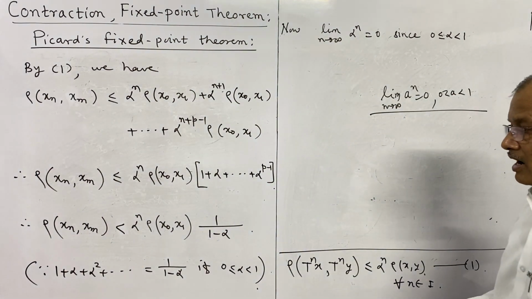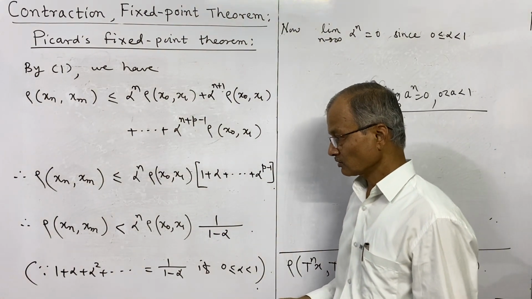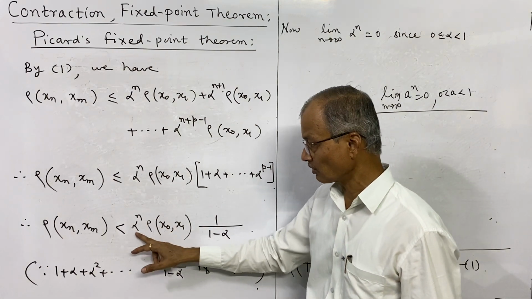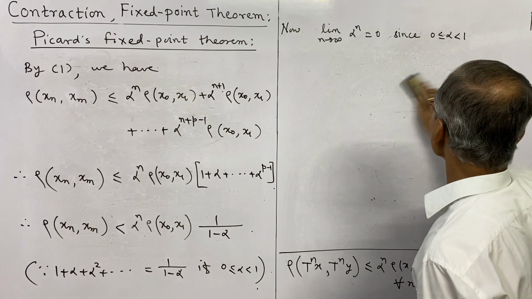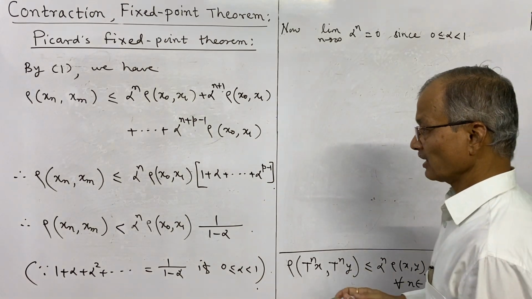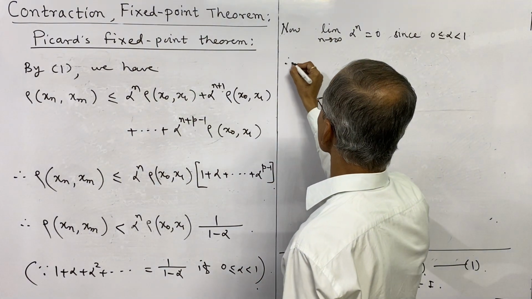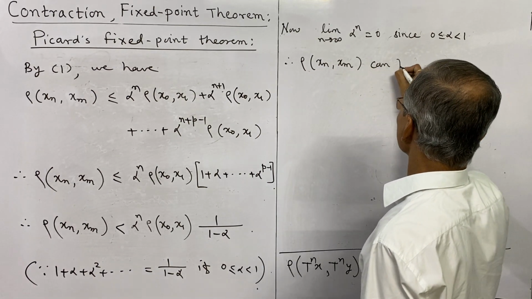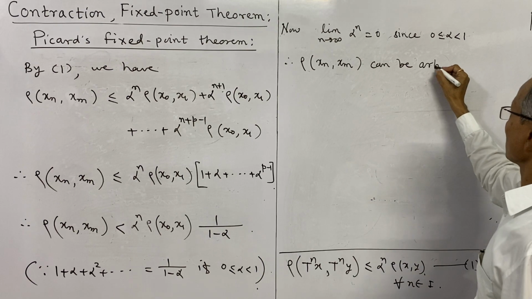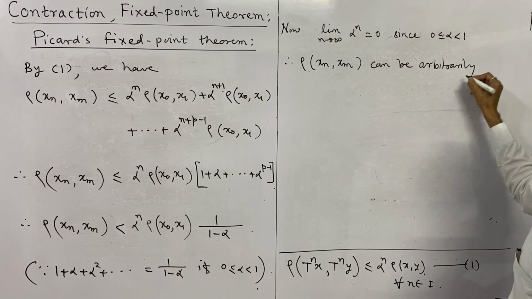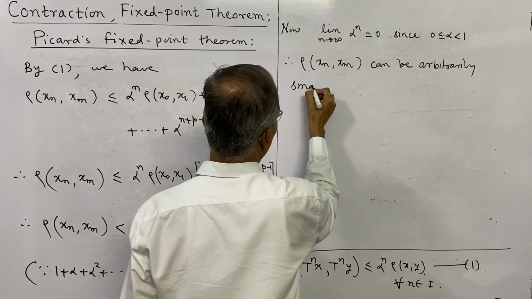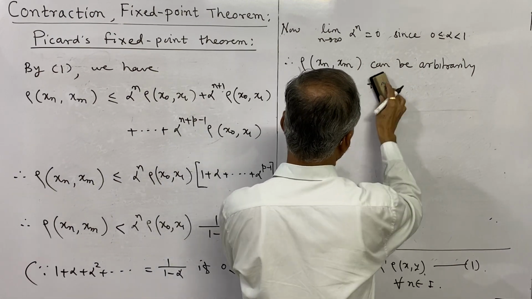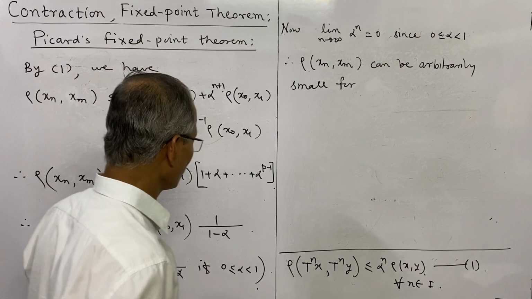And that means if you increase n and m, this right side becomes smaller and smaller, because it is tending towards 0. So therefore rho of xn and xm can be made arbitrarily small by taking sufficiently large values of n.